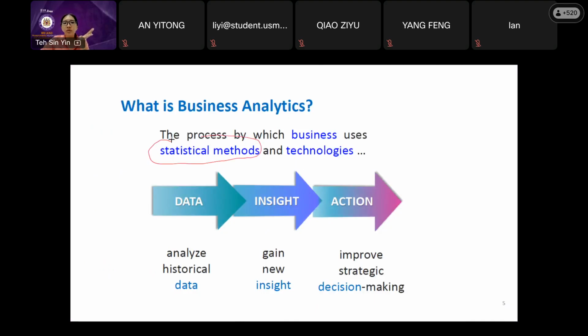When statistical methods come in, when technology comes in, it becomes business analytics. Traditionally, when people talk about business analysis, you do not necessarily need to use statistical methods and advanced technology. So those are the differences.